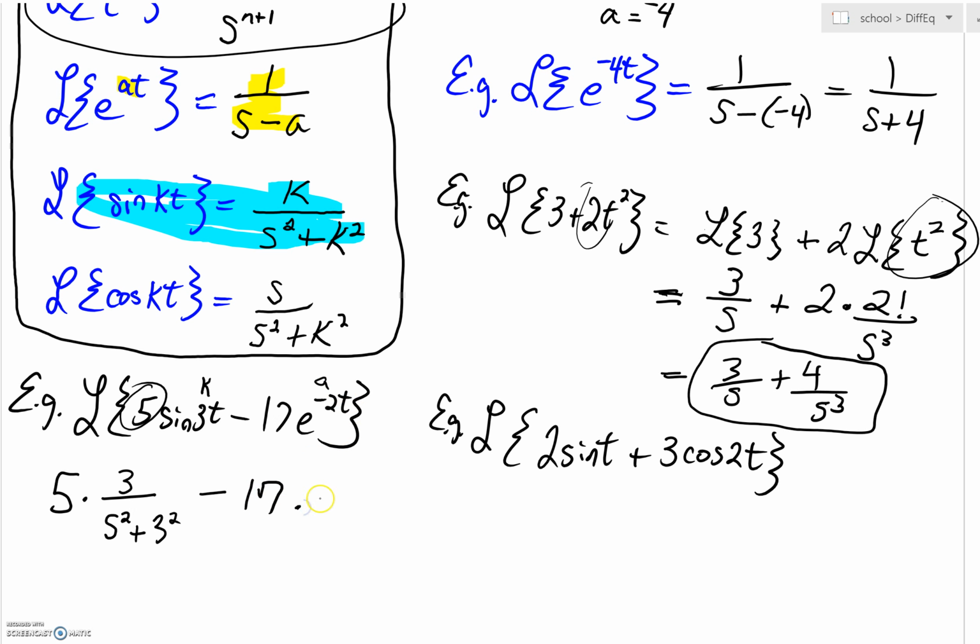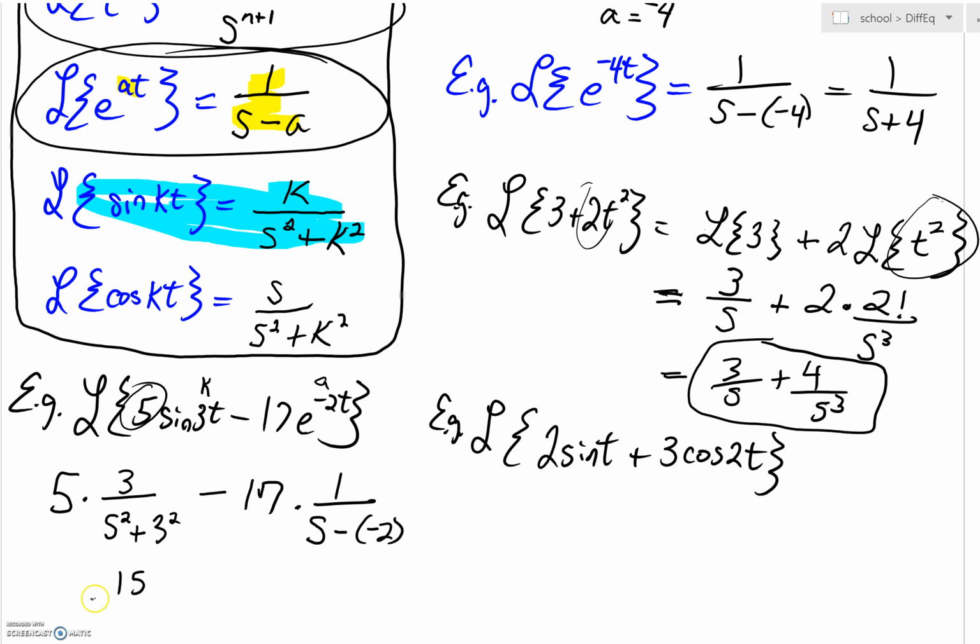So if we were to go back to our e to the negative 2t, take a look at this transform with e to the at here. It's going to be 1 all over s minus negative 2. Cleaning this up, you'd get 15 over s squared plus 9, minus 17 all over s plus 2. You could leave your 15 and the minus 17 out in front of that just as well.